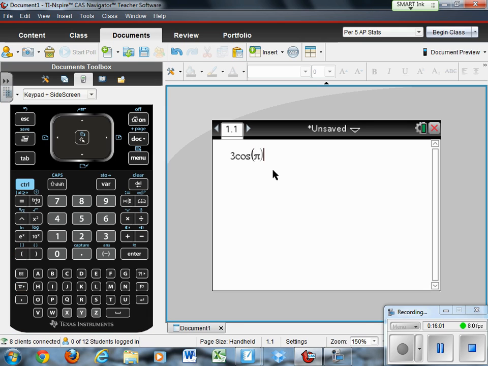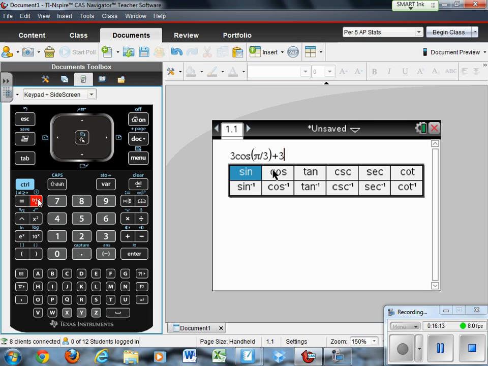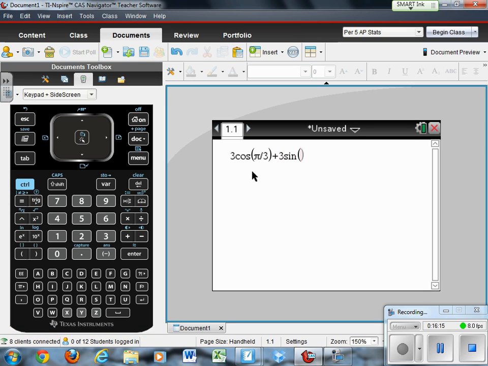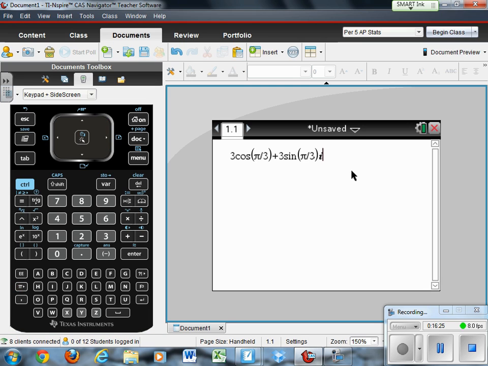Okay, 3 cosine of pi over 3 divided by 3, and then plus 3 sine of pi over 3, and make sure that you put the i outside of the parentheses, because we're not taking the sine of i, we're multiplying that by i. So if you've got this, there's my expanded form. Notice there's my 3/2 plus 3 square root of 3 over 2 i. So there it is in rectangular form.